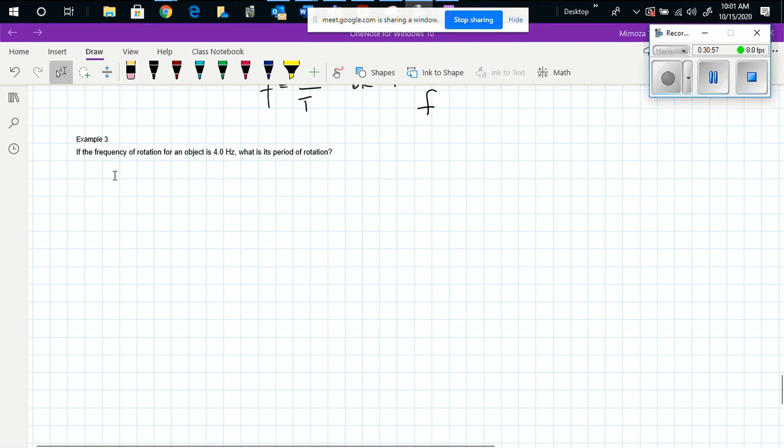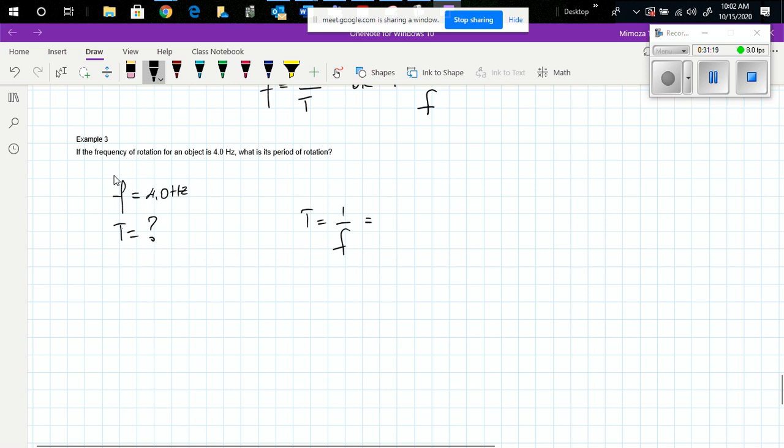Now we'll deal with this example. If the frequency of the rotation for an object is 4.0 hertz, what is the period of rotation? So they are giving you the frequency as 4.0 hertz, and they are asking for the period.